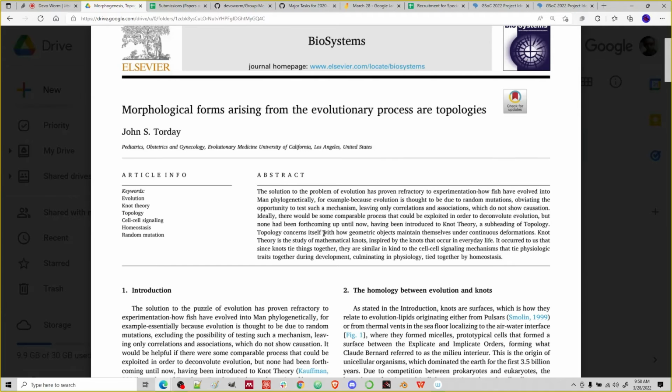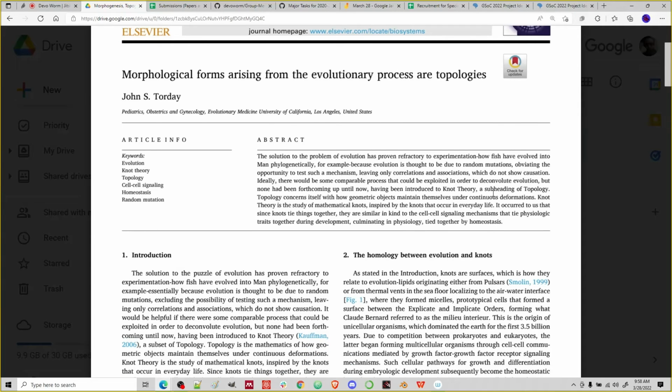But topology concerns itself with how geometric objects maintain themselves under continuous deformations. So you have a knot, like a string or a rope, and you tie it into a knot. That knot is just churning that rope in different ways, making some sort of formation that's stable.